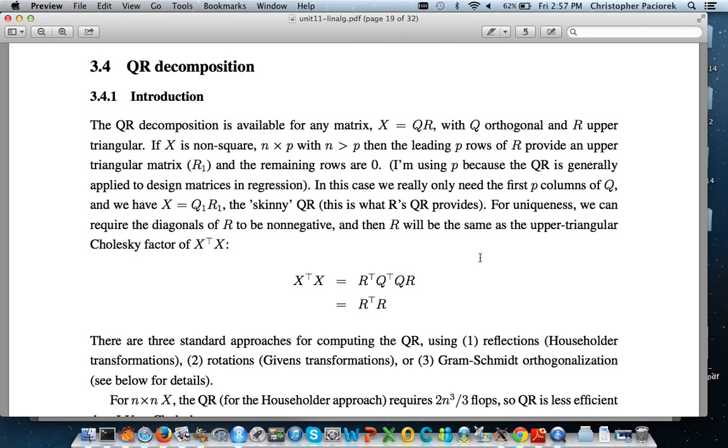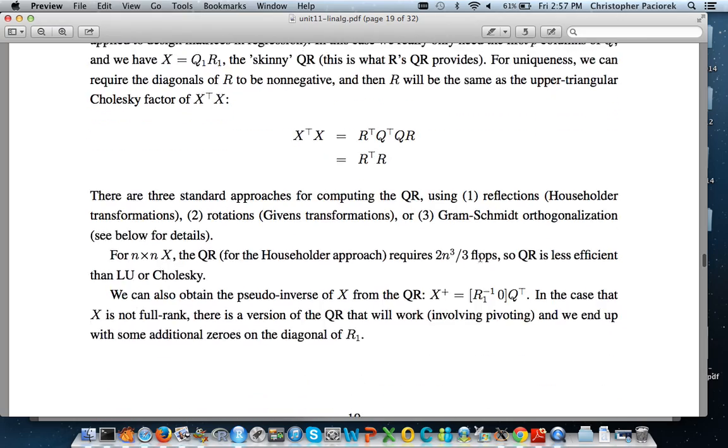What do we know about Q? Q is orthogonal, so the transpose of Q is the inverse of Q. So this is just the identity matrix, and I just get R transpose R. This was n by p, so this is p by p as usual, and this is also a p by p matrix.